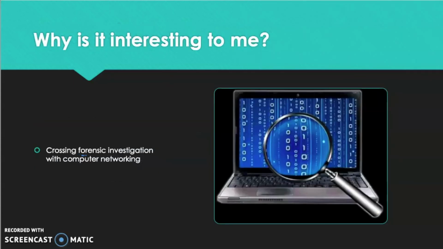Okay, so why is it interesting to me personally? I find this interesting because it's really crossing over computer science with law, or forensic investigation to be specific. I personally don't want to be a forensic scientist or anything like that, but I think it's interesting because I personally feel like the law is so far behind technology, because technology advances so quickly, so it's hard to keep up with this.